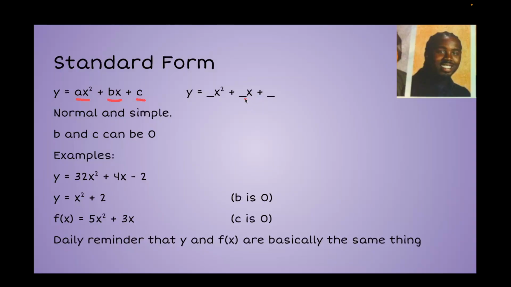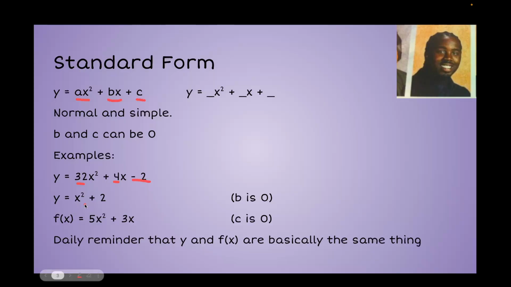This is the advantage of having our parabola equation looking like this. It's pretty simple. It's what you'd expect. Here are some examples. Here, A is 32, B is 4, C is -2.